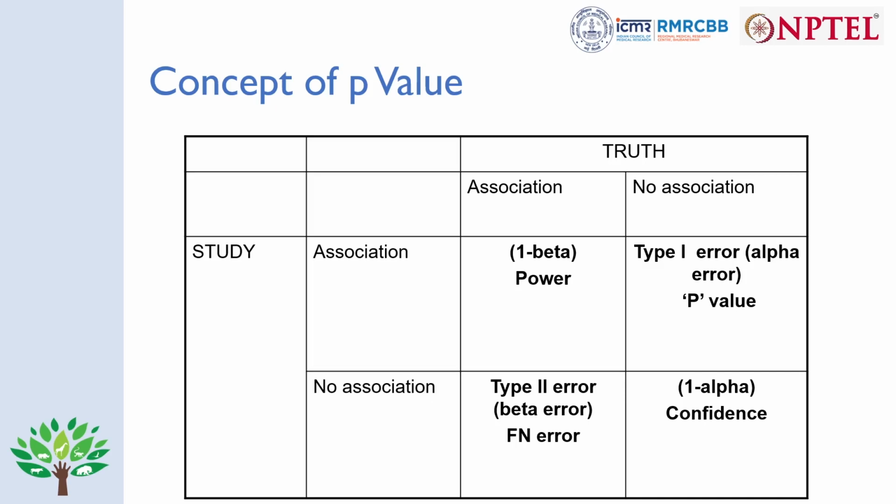In the example, suppose in truth there is no association between an exposure variable and an outcome variable, but in a study we find there is an association. That means we commit an error, known as type 1 error or alpha error. And if there is an association, but we find there is no association, that condition is called type 2 error.